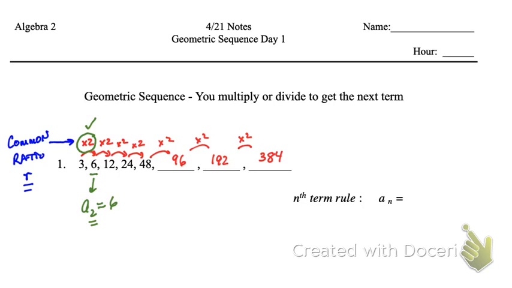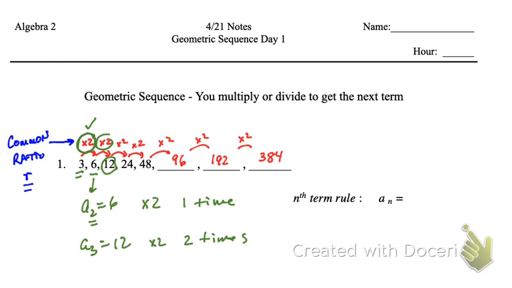We multiply by 2 one time. The third number in line is this 12. How many 2's do we multiply by to get to 12? Starting at 3, we multiply by 2 two times.